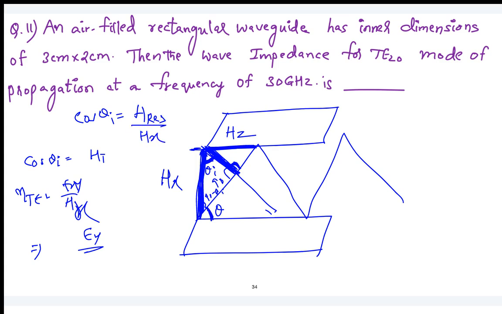So from this, the resultant Hx can be written as H resultant value divided by cos theta I. Correct. So the wave impedance for the TE equals Ey divided by whatever the resultant value you are getting divided by cos theta I. Correct.